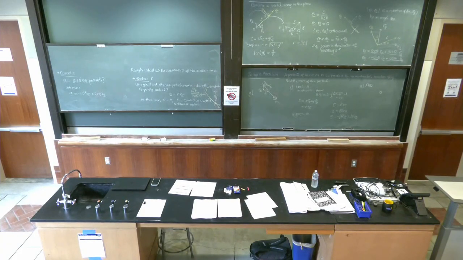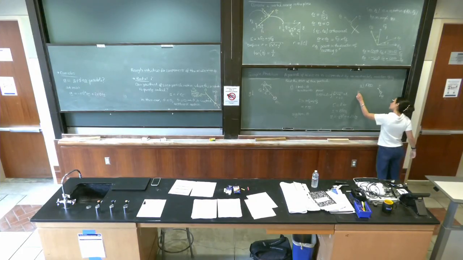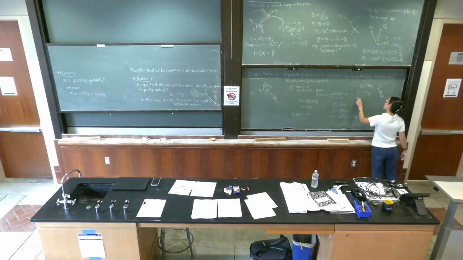Tension, what is the direction of the tension force? Yes, along the string, and the string is always going to be in tension, so that's T like this, weight like this, right? So what is the direction of T? Yes. And the weight is along EX.